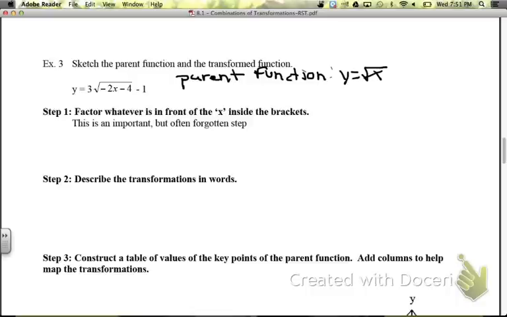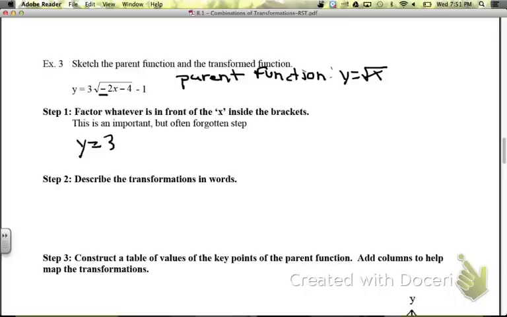Step 1, we want to factor out whatever's in front of our x inside the brackets. So you notice here we have a negative in front of our x, and we also have a 2 in front of that x. So we're going to factor out the -2 from both the -2x and the -4.